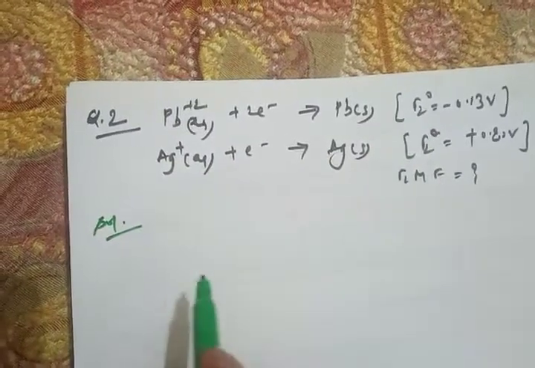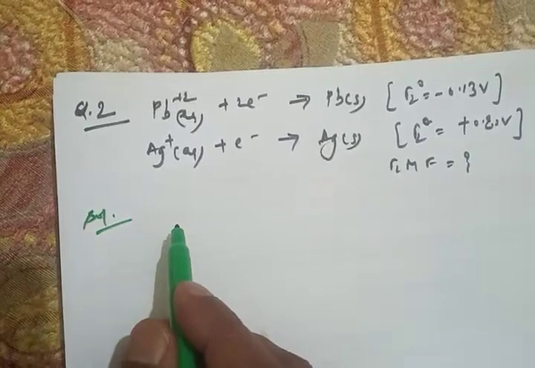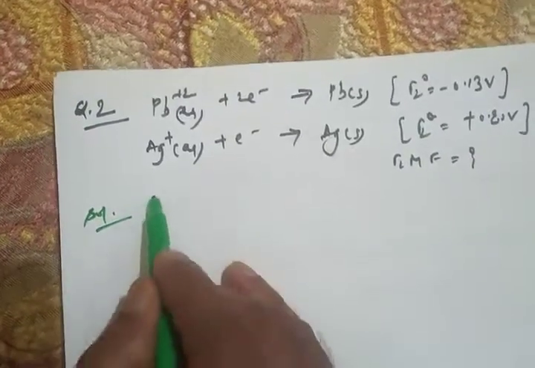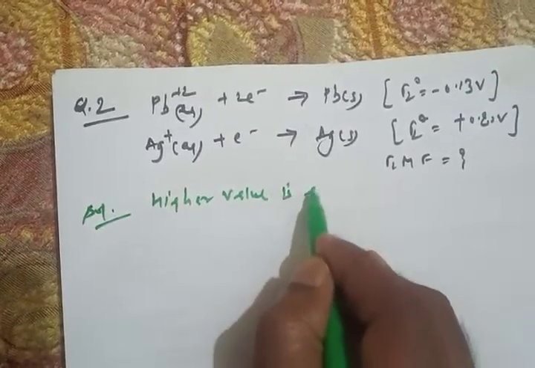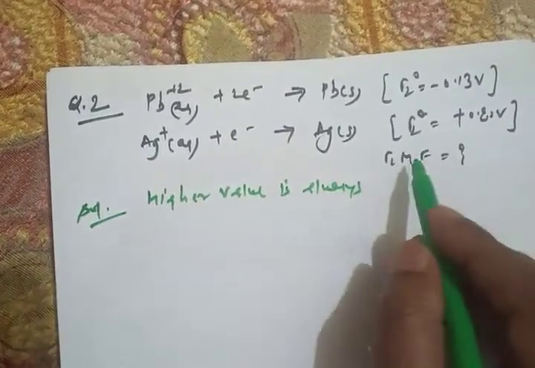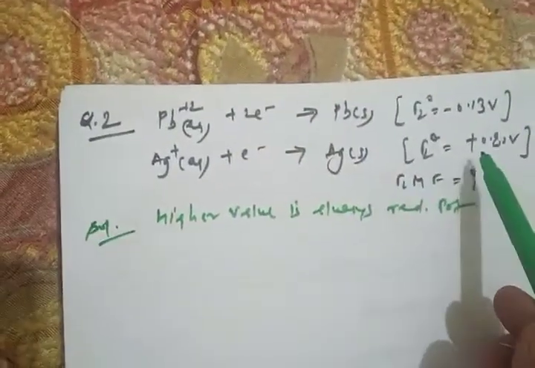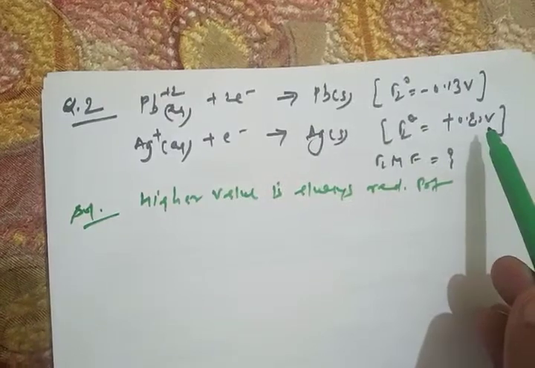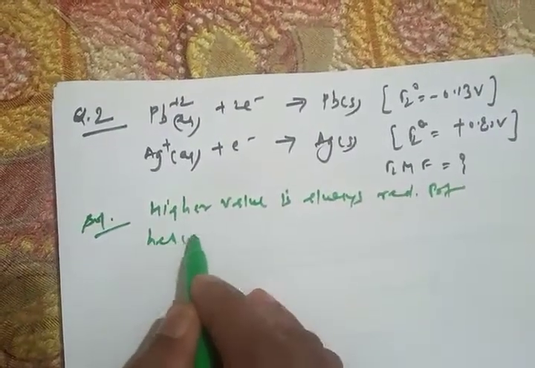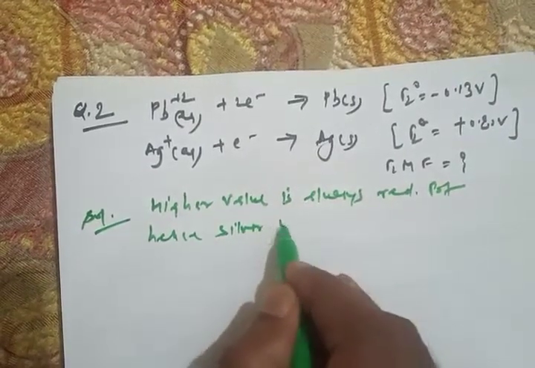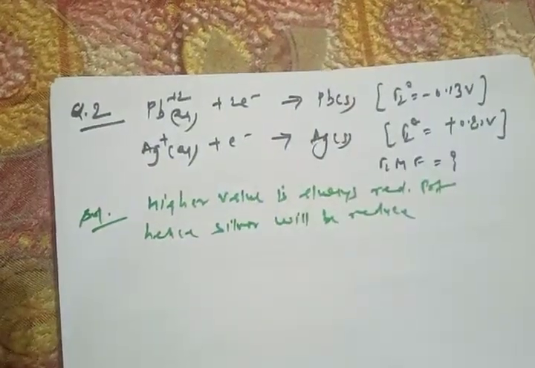As per the discussion, we know that the higher value is always the reduction potential. In this case the higher value is plus 0.80 volt, that means silver will be reduced.